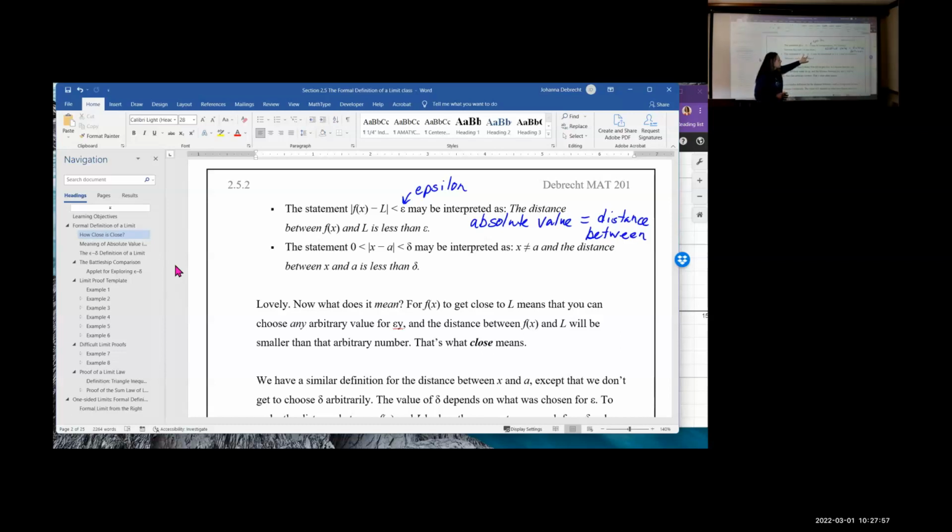So they can't be equal to each other if their distance is greater than 0. So the distance between x and a is more than 0, but less than delta. You can't be at a, but less than delta. And these are going to be called epsilon delta proofs.